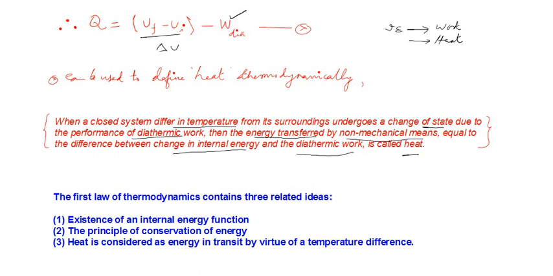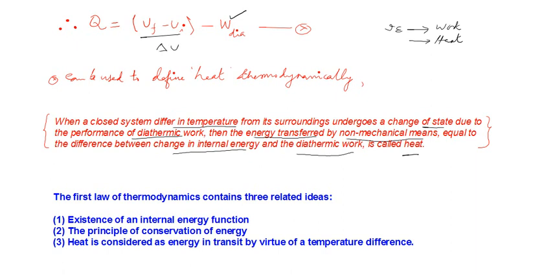Okay, and this is actually nothing but a restatement of the law of conservation of energy. The total energy of the system is related to the work done and also the heat transferred. By using proper sign conventions, we will be able to make sure that this law always gives you the law of conservation of energy.